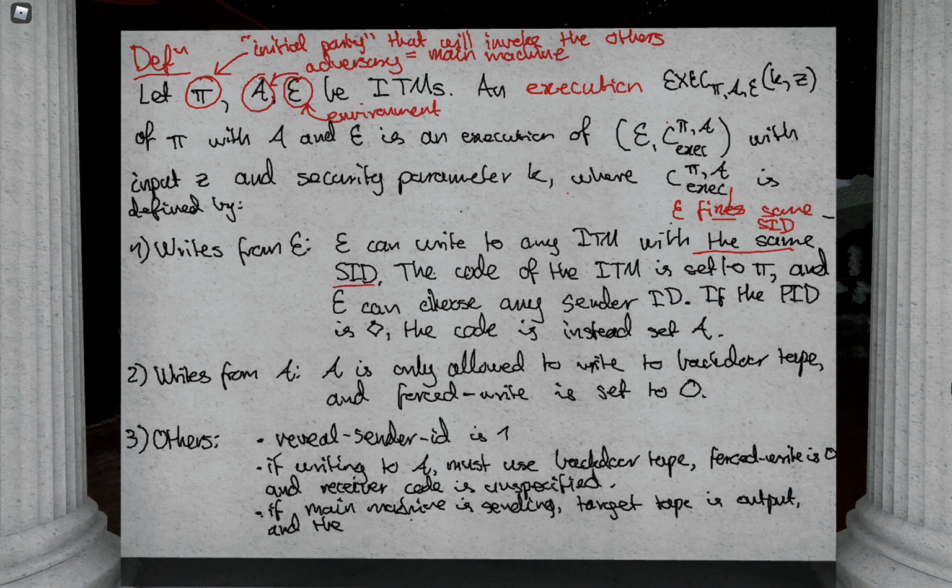And the receiver doesn't exist. So the situation that I'm matching here is the main machine is sending output to a machine that hasn't already been created. What this corresponds to is the main machine sending output to an external identity, to the environment, because it's giving output and it's not giving output to a machine that it invoked itself. So it must be giving output to the environment. The message gets sent to E.